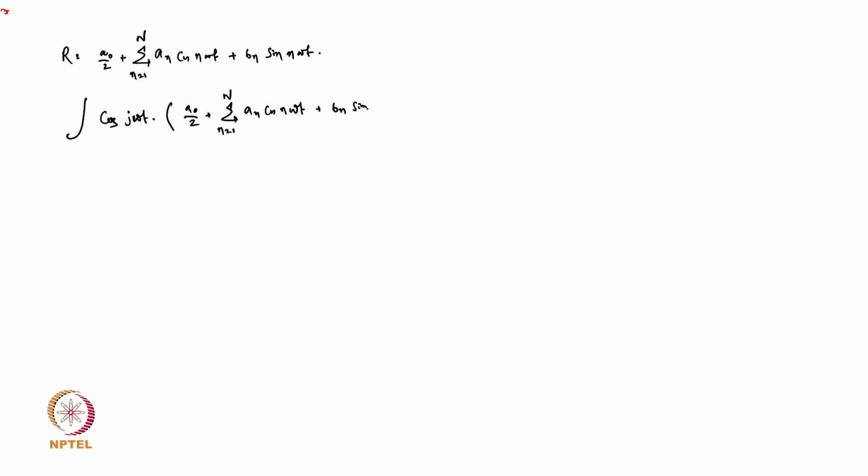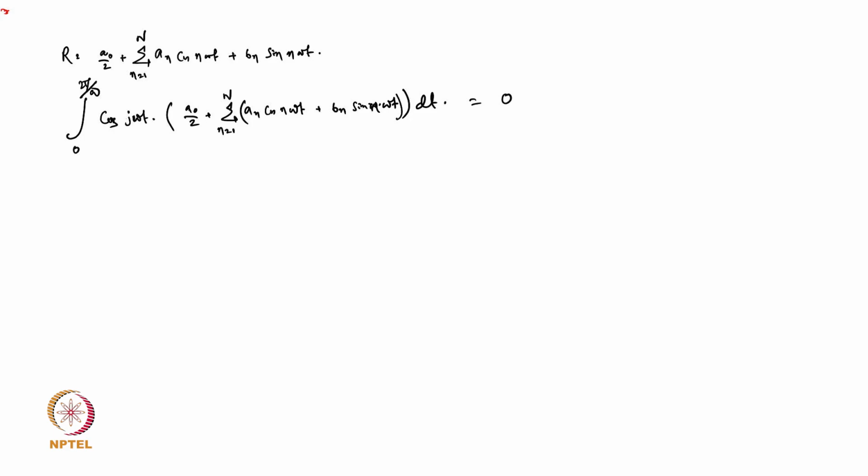So R equals a0 by 2 plus summation of n equal to 1 to N of an cos omega n t plus bn sin omega n t. We integrated it in this way: one case is integrating cos j omega t into a0 by 2 plus the summation of n equal to 1 to N of an cos n omega t plus bn sin n omega t, and we set that equal to 0.